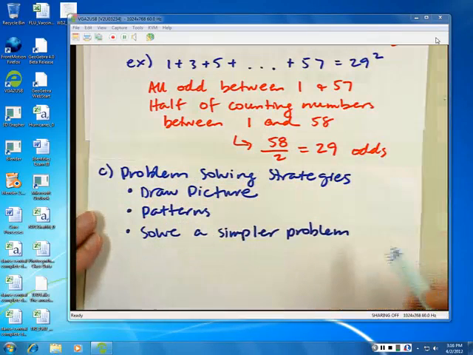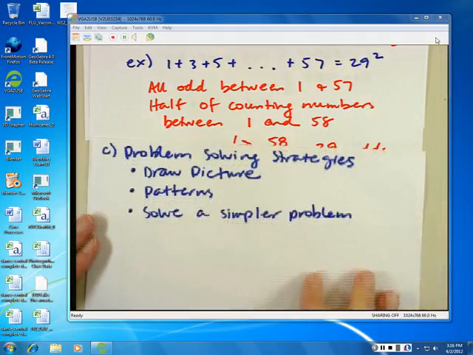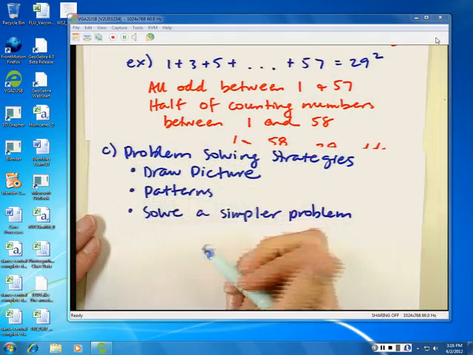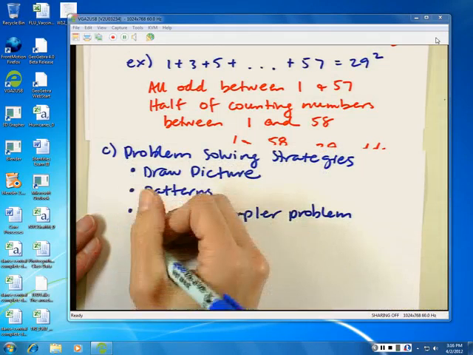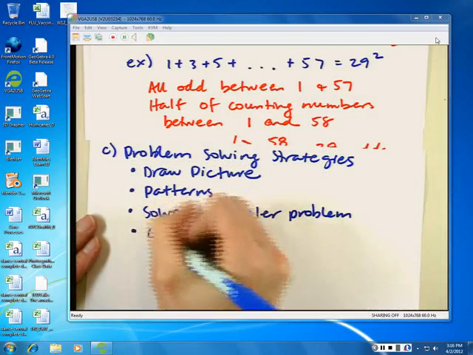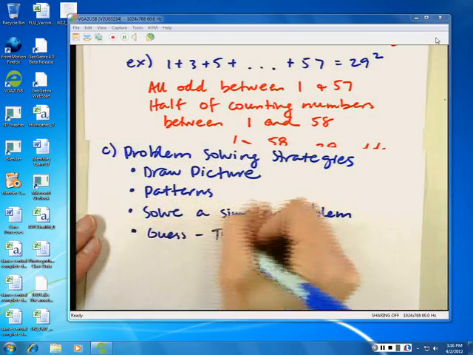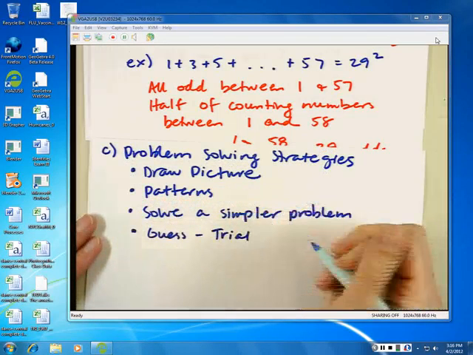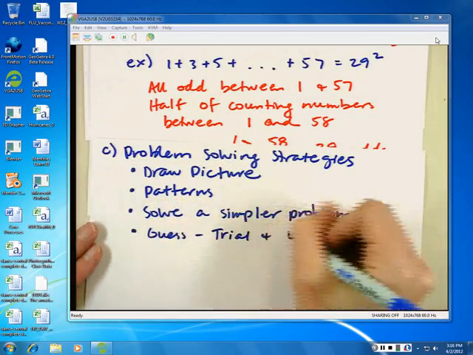So if the problem's really complicated, maybe you can pull a pattern out of a similar problem that's just a little simpler. Let's see, draw a picture, do patterns, and then you can also just guess, which sounds a little more formal if you call that trial and error.